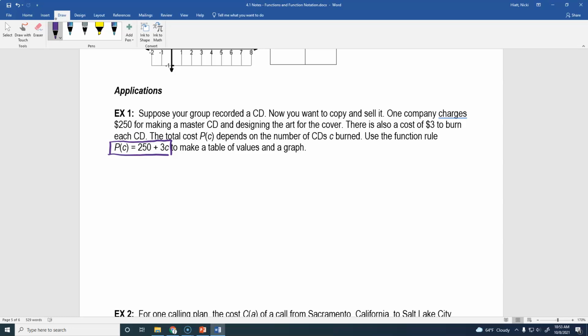This came from like an Algebra 1 book whenever I first started teaching. So I realized you guys don't have CDs and maybe have never had CDs in your whole life except for when you were like little kids.